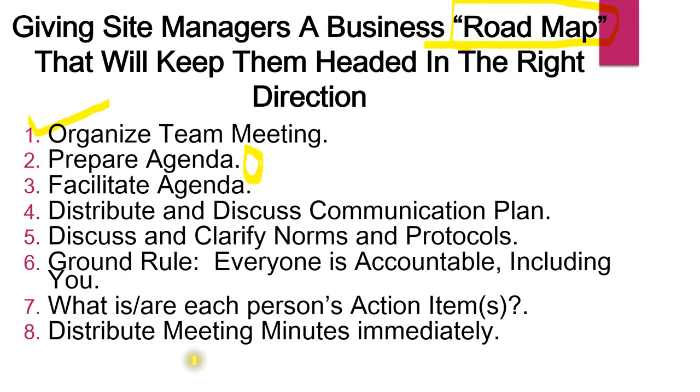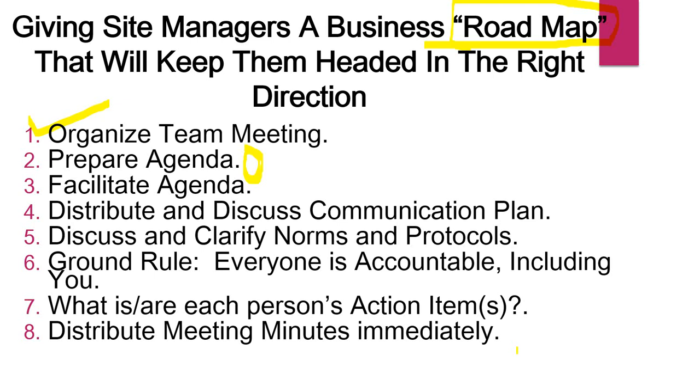And distribute meeting minutes immediately. What you have understood from that meeting, what your managers told you, what subordinates or other people discussed, make a note of that, which is called meeting minutes, and distribute it to all the managers or whoever was involved in that meeting. That way they can have the output of this meeting, the roadmap for the coming weeks or months, whatever duration you are planning.